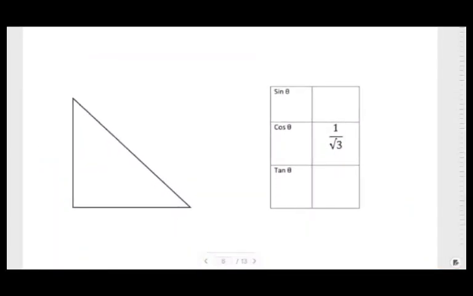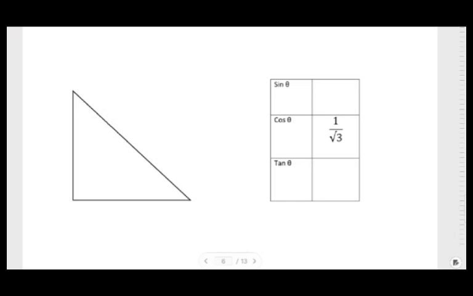Next sum. A, B, C, theta, opposite, adjacent, and hypotenuse.